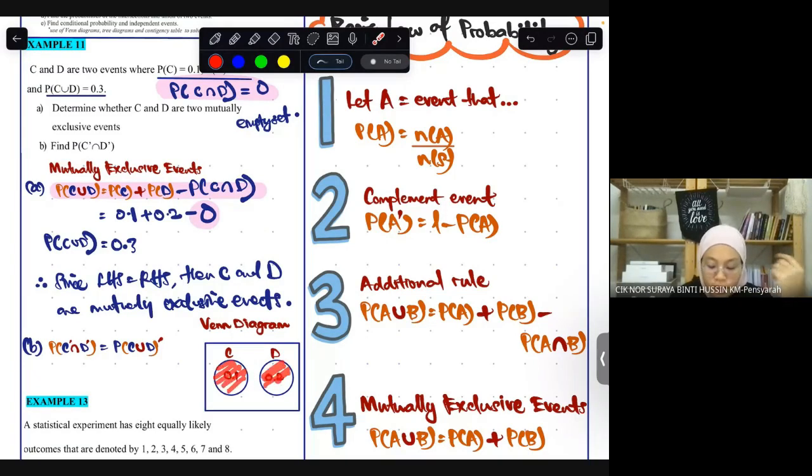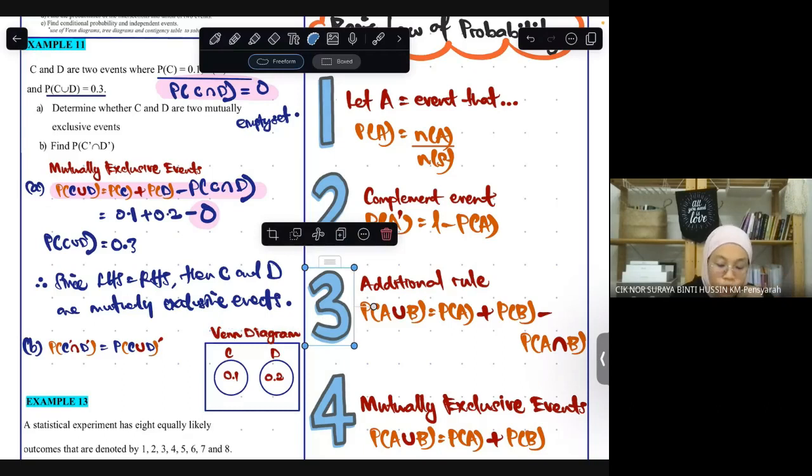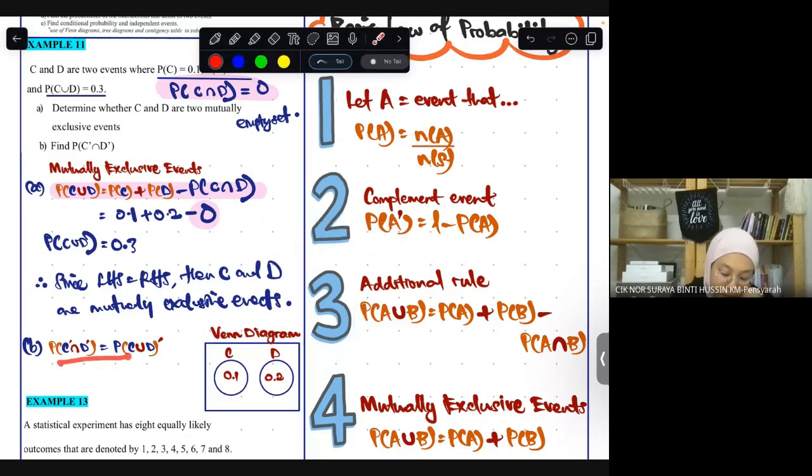Mutual but different. So we draw our Venn diagram this way. To answer the second question, a Venn diagram is needed. Find the probability of C prime intersect D prime. So C prime, if you draw it on this Venn diagram, C prime is here.